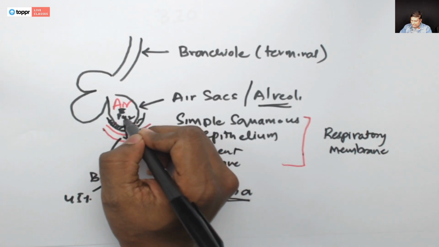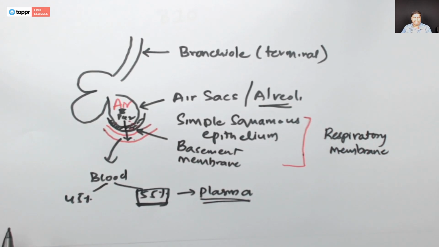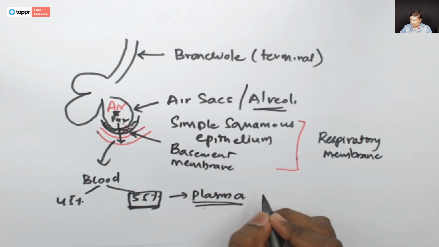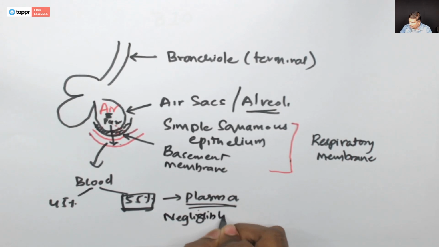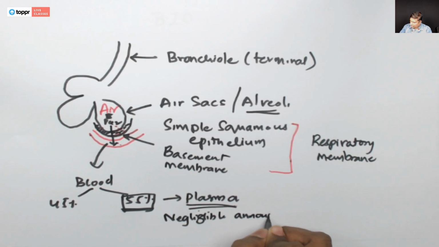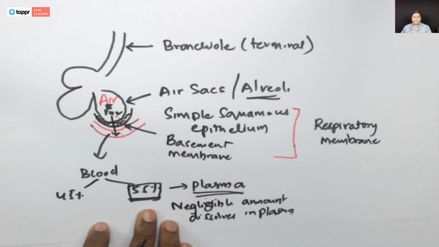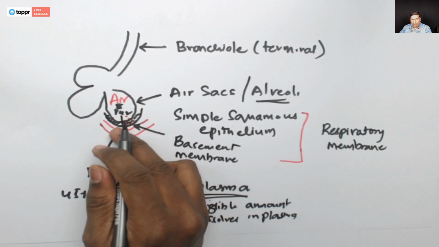So the oxygen from here is directly diffusing into plasma first. A very negligible amount of oxygen gets dissolved in plasma. Now what is happening to almost all of the oxygen?